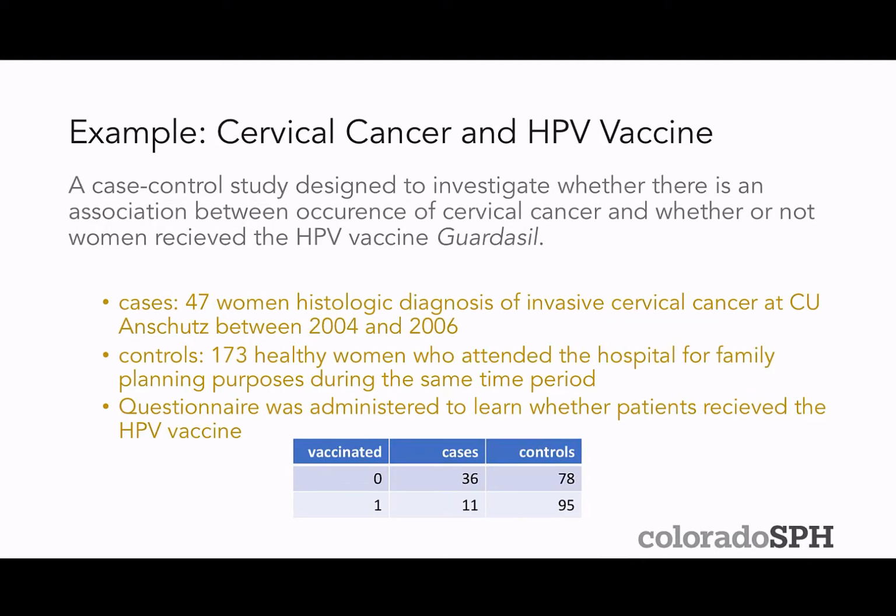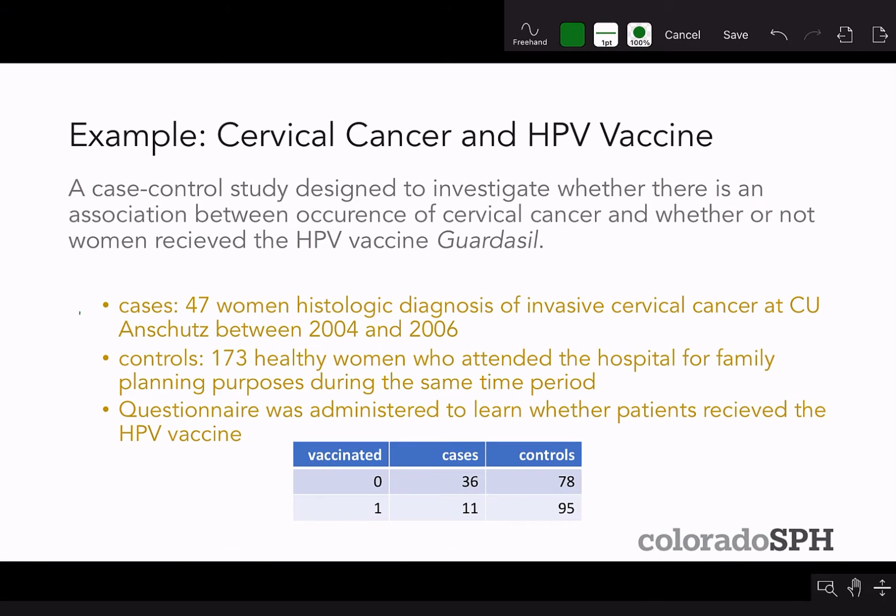In the example here, a case control study was designed to investigate whether there's an association between occurrence of cervical cancer and whether or not women received the HPV vaccine Gardasil. In this study, there are 47 cases, women who had a histologic diagnosis of invasive cervical cancer between 2004 and 2006, and there are 173 controls.